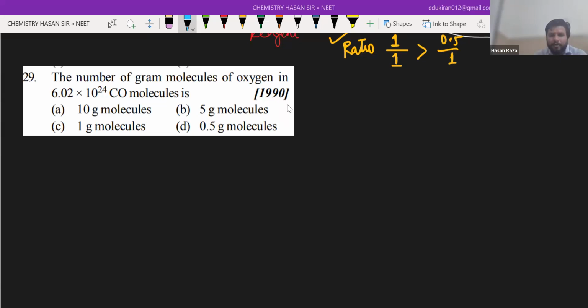Very good, Rishita. Not so bitter. 10-gram molecule is the wrong answer.